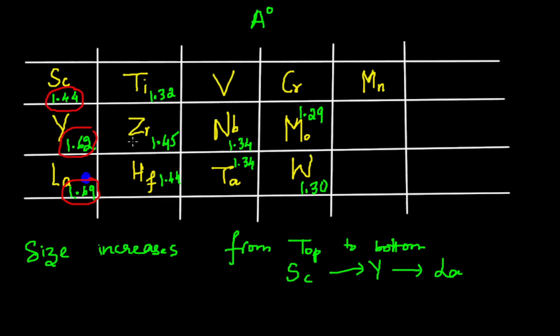So what you find is a few pairs of these, for example zirconium and hafnium, Nb and Ta, molybdenum and tungsten, which are almost identical in size.